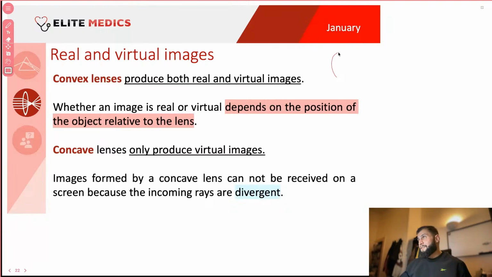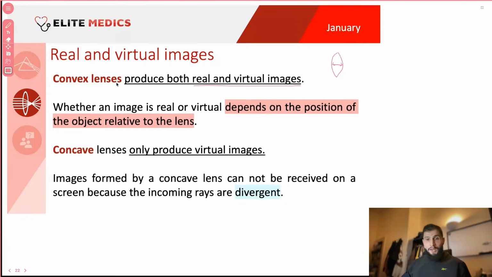Convex, these are the lenses that are very thick in the center and thin on the outer parts. They are able to produce real and virtual images. Whether an image is real or virtual all depends on where it's positioned in comparison to that lens.